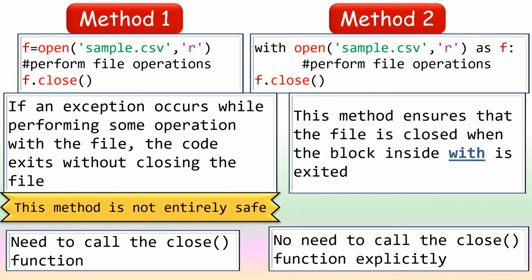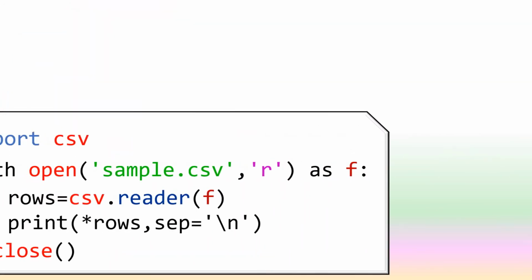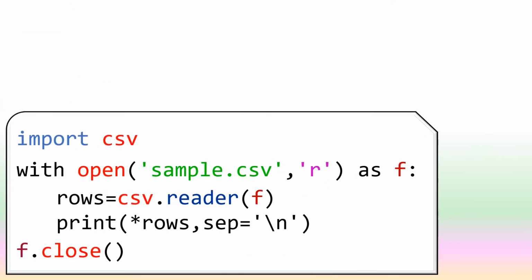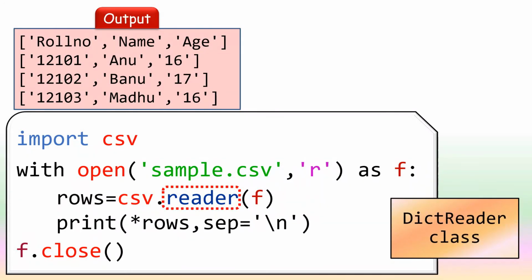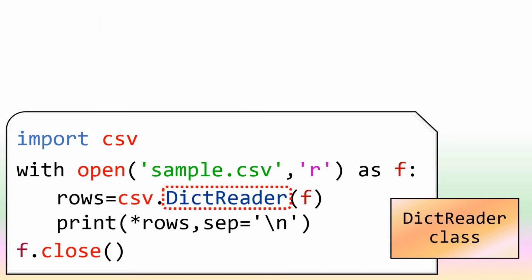Once again, look at the program which reads the records of a CSV file into the Python program. Here, the reader function of the CSV module will read each record as a list. You can also use the DictReader class in place of the reader function. Rows is equal to csv.DictReader of f. Observe that D and R should be in uppercase.